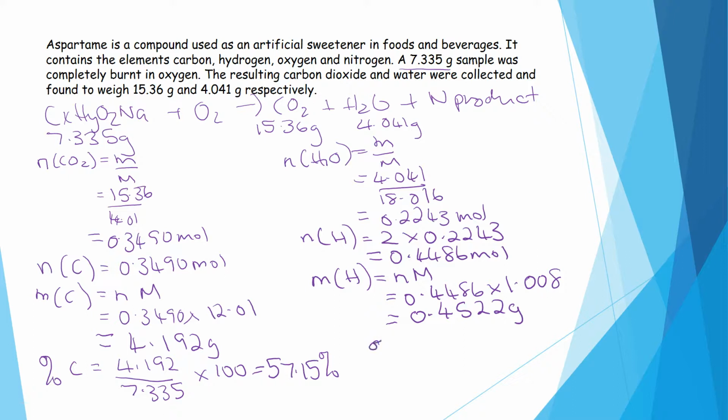Here we can now find the percentage of hydrogen, which is going to be equal to the mass of hydrogen, 0.4522, divided by the mass of the sample, which is 7.335, times 100, which will equal 6.165%.